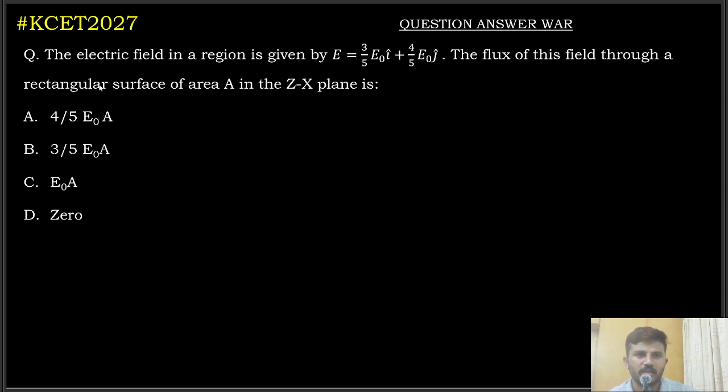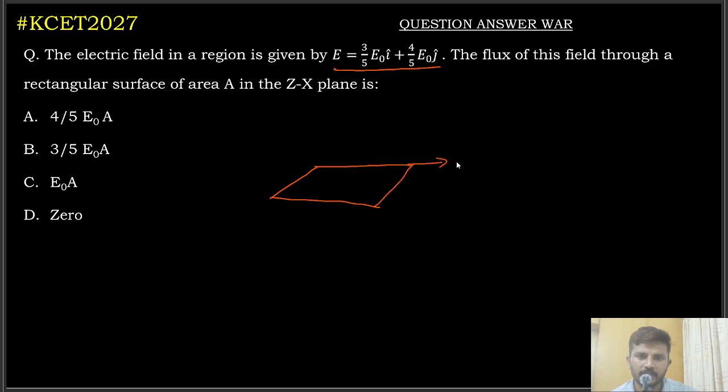Here we have the electric field in the region given by E equal to 3 by 5 E naught I cap plus 4 by 5 E naught J cap. The flux of this field through a rectangular surface of area A in the ZX plane is, let's consider the ZX plane.